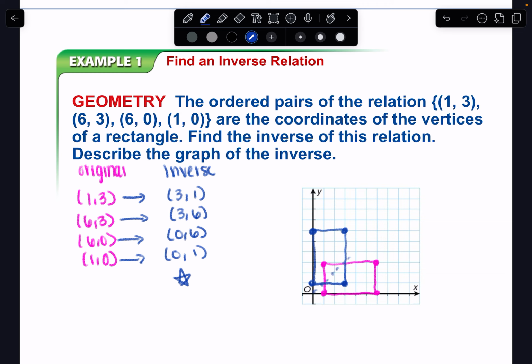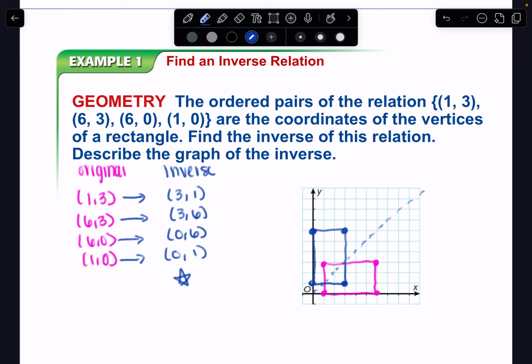One way you can think of that is that it's kind of a horizontal reflection, where this line is really showing you where your reflection is. So it reflected from the horizontal to the vertical.